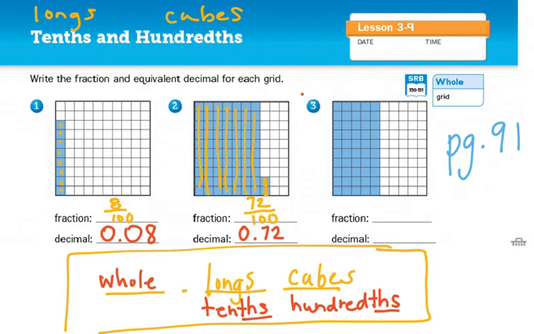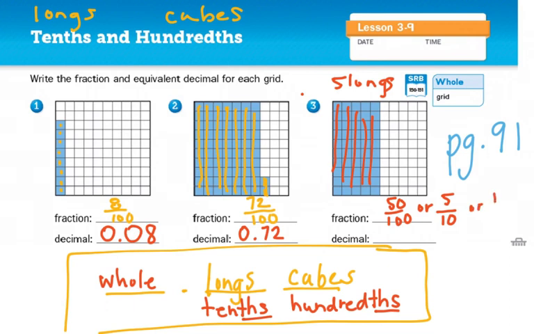Number 3, we have 10, 20, 30, 40, 50 individual cubes, or 5 longs. So as a fraction, we have 50 hundredths. We also could say that's 5 longs out of the 10 that I need to cover the entire amount.